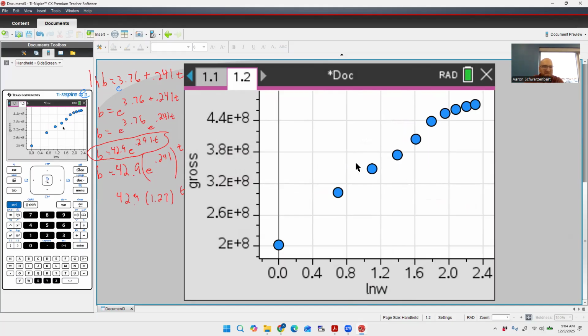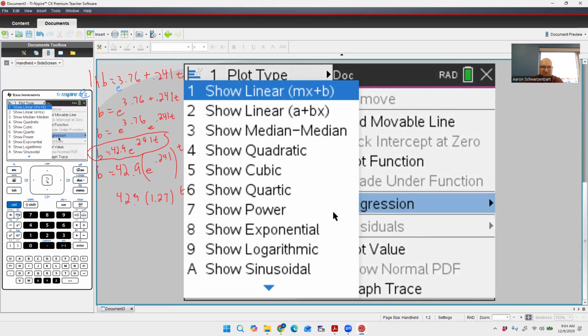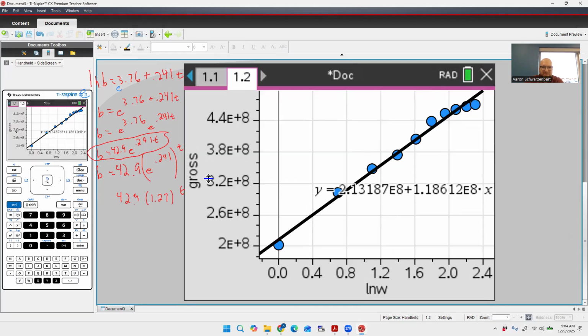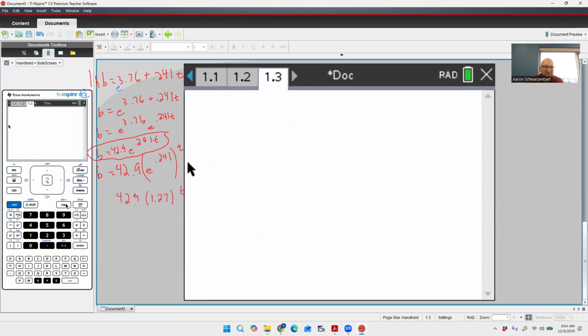It's not a great fit, but it's a fit. So I can go to menu, analyze, regressions. I'll show linear like that again. If it were logarithmic, then it would perfectly linearize, right? So this just tells us that it was not perfectly logarithmic.